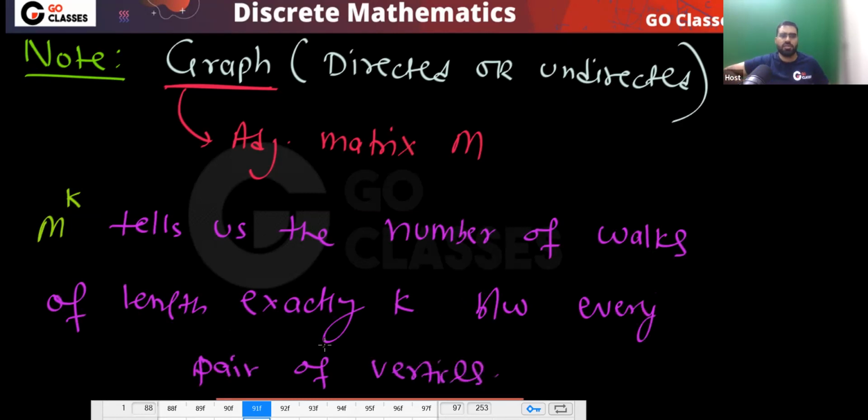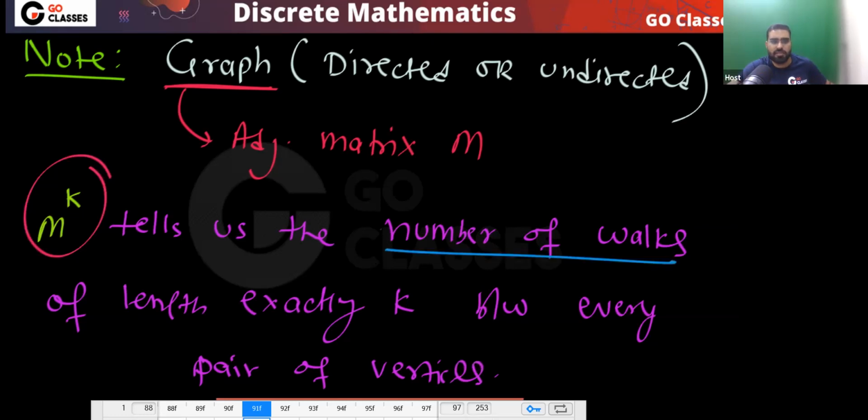Okay, so this is what M power K tells you. It gives you the number of walks of length exactly K between every pair of vertices. This is your M power K.